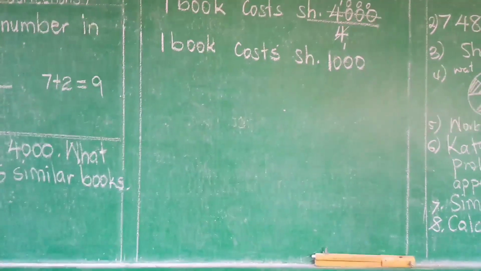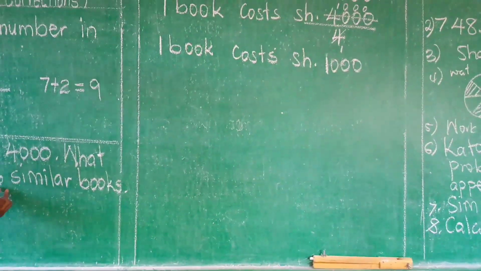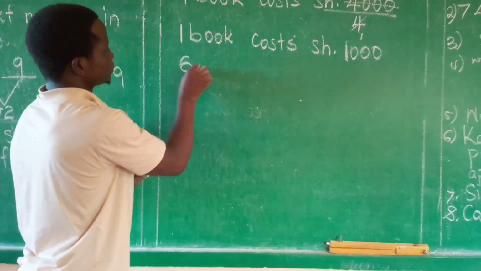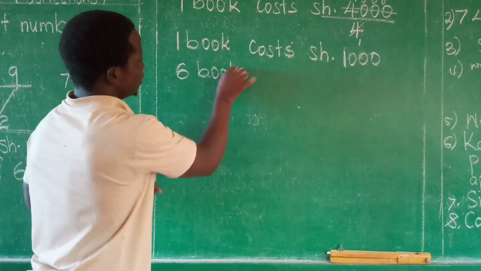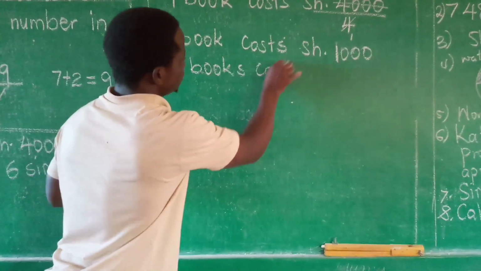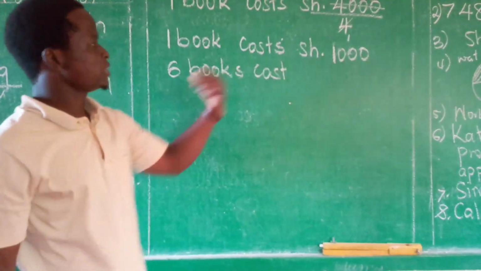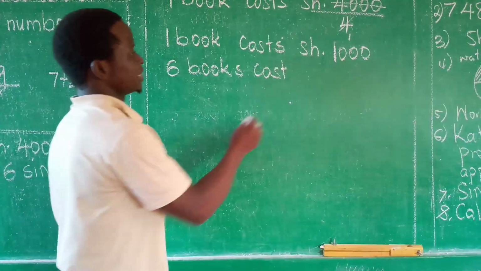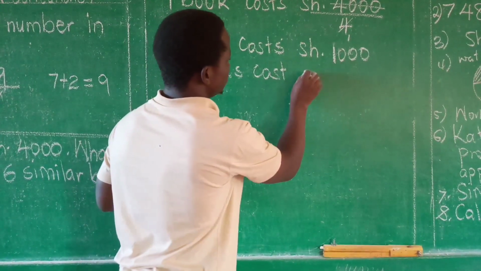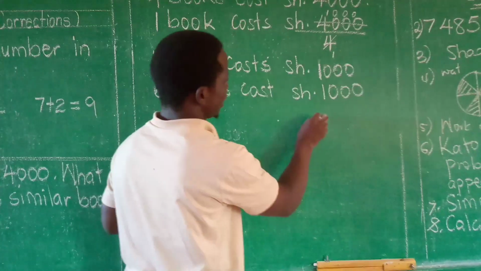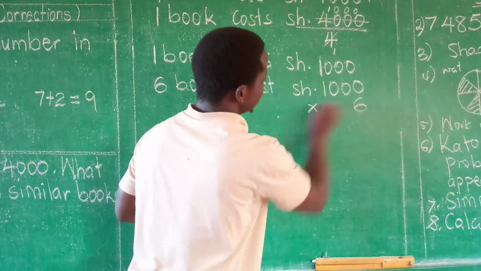And now if one book costs 1,000 shillings, you come back to the question, how about 6? We now bring in the 6 books. So the 6 books will cost simply the cost of 1 times 6, as simple as that. So you get the cost of one book, which is 1,000 shillings, and multiply by 6.